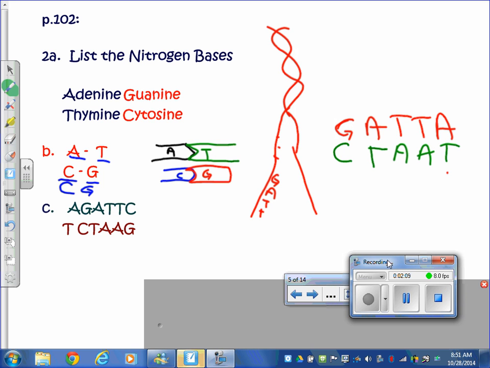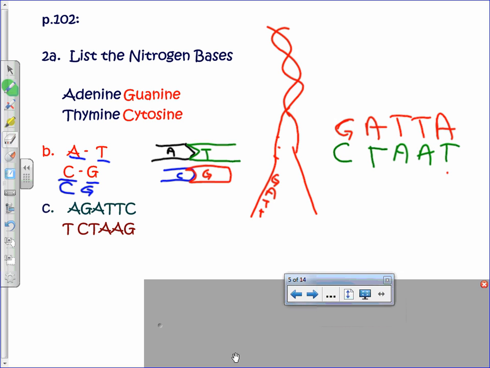It's actually partly chemical in the way the molecule is shaped. But for us, when we make our molecule today, you're going to make it so only A can fit with T and only C can fit with G. Because that shows why it's so important: only one matches with its particular mate. And because of that, when the DNA unzips and copies itself, it has to be an exact copy.